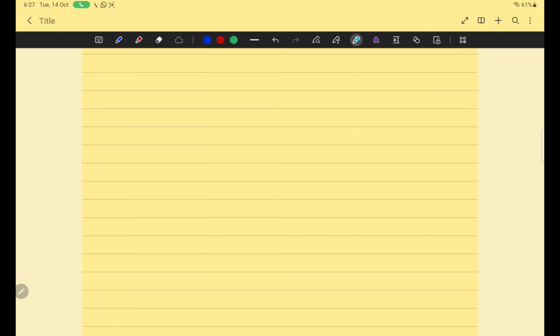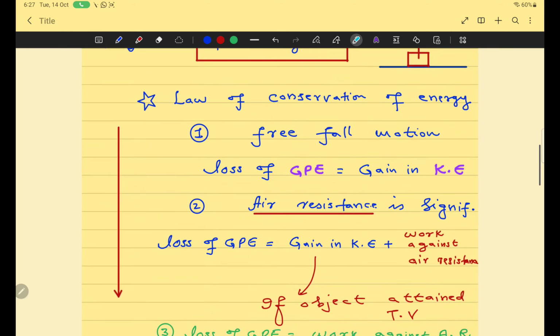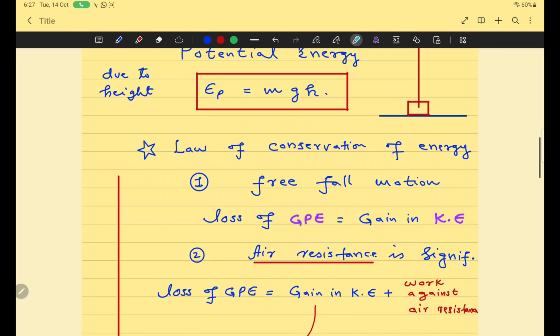Which energy is converting into which? Sir, if there is no air resistance, then it is free fall motion and there is only potential energy and kinetic energy conversion. Okay, beta? There is only potential energy and kinetic energy conversion.